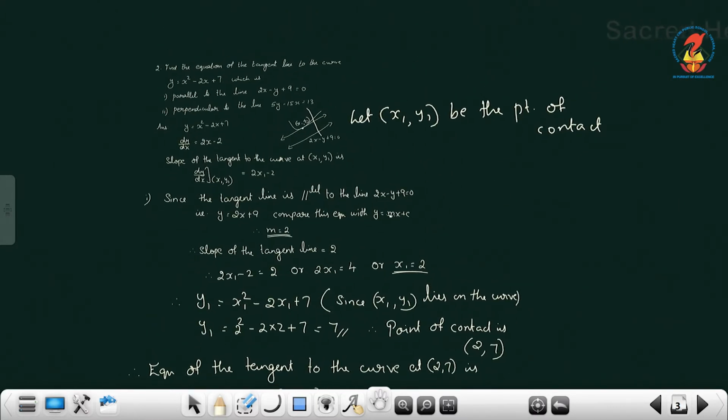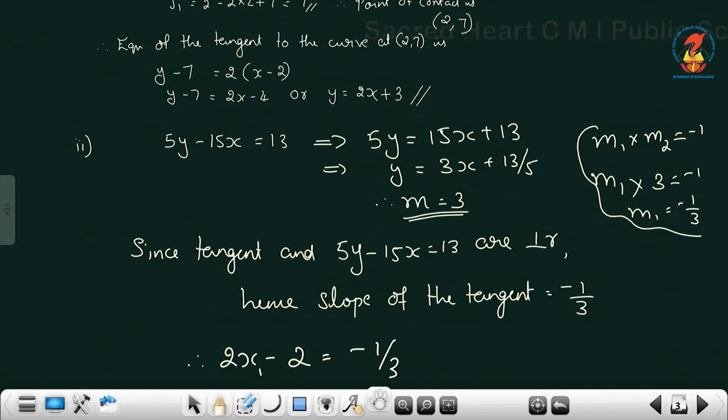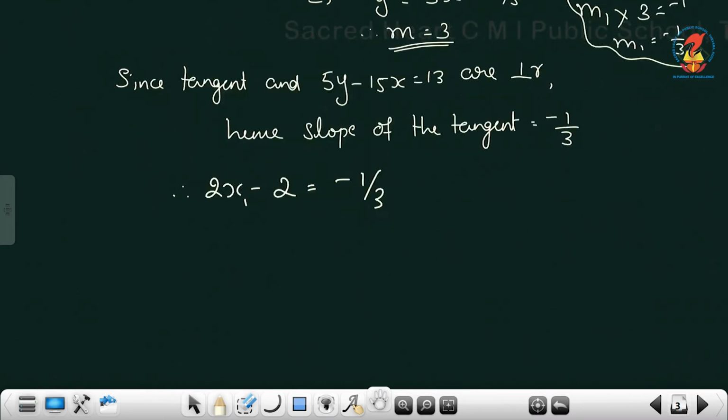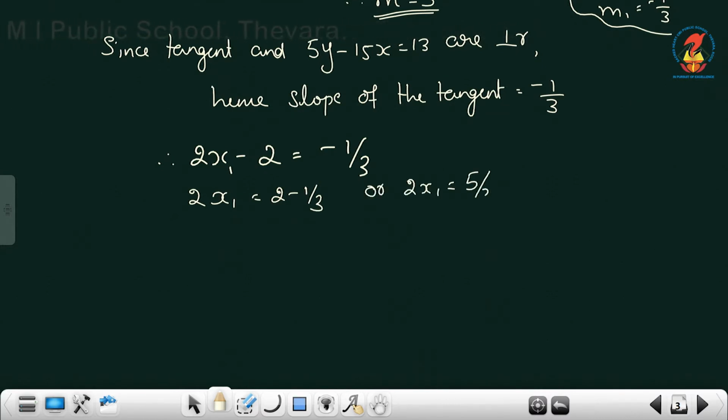The slope of the tangent to the curve at x1, y1 is 2x1 minus 2. We have to equate, then only we can find the points. So, 2x1 minus 2 is equal to minus 1 by 3. So, what is x1? 2x1 is equal to 2 minus 1 by 3, or 2x1 is equal to 5 by 3, or x1 is equal to 5 by 6.